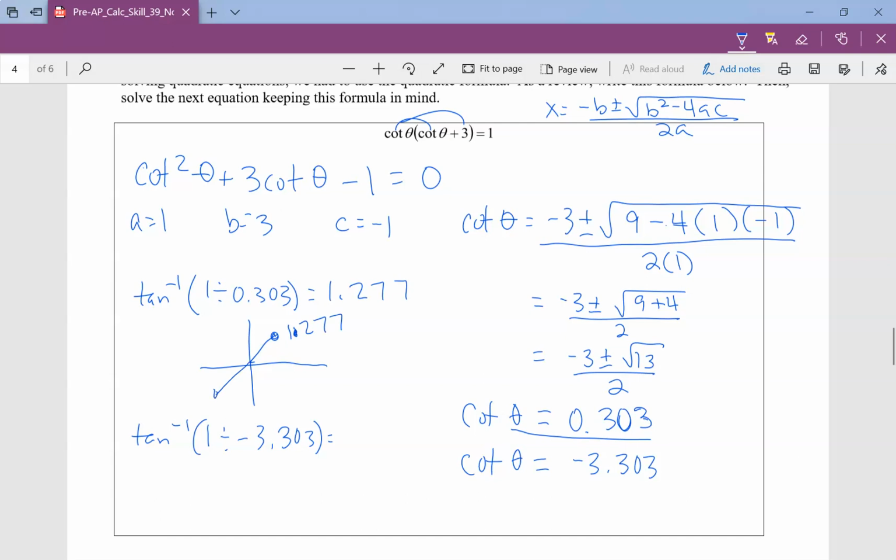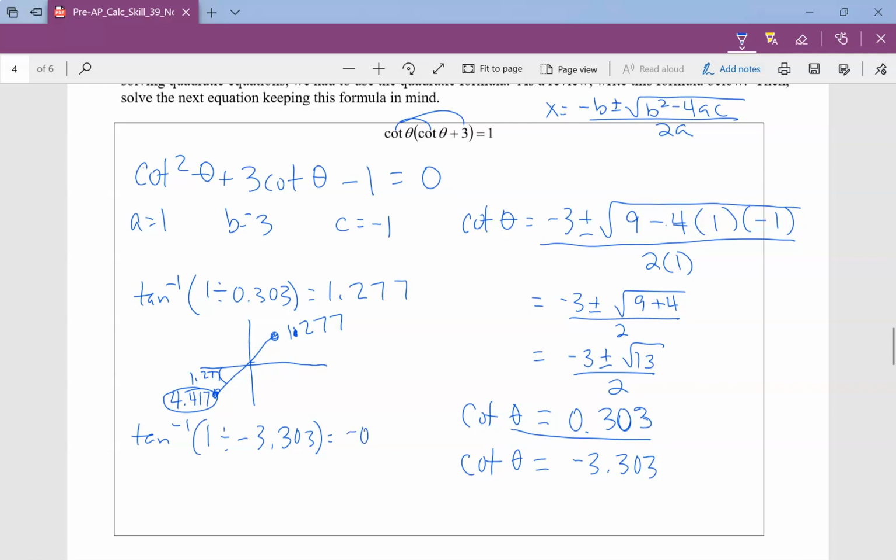So the other time that we can have that is in the third quadrant. So that's going to be 1.277. So if I just take 3.14 plus 1.277, I get 4.417. Okay, for the other situation, I'm going to take 1 divided by negative 3.303.